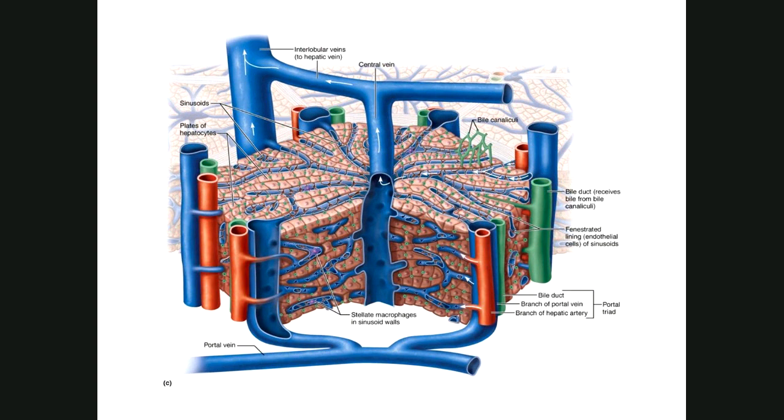And the bile duct receives bile from these little teeny canaliculi. It's so funny that we have this stellate macrophage in the sinusoidal walls, and this is to remove debris and all the red blood cells, those macrophages over here.